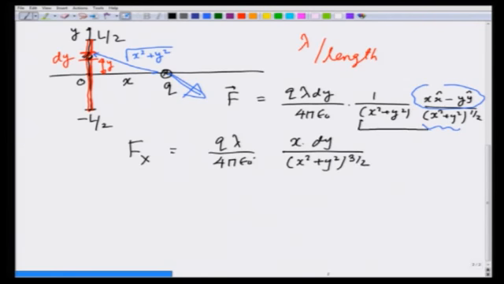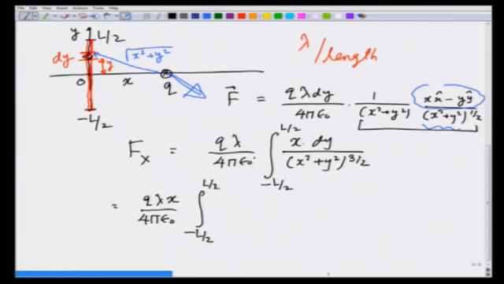The 3 by 2 comes by combining these two terms, and this is integrated from minus L by 2 to L by 2, which will give me q lambda over 4 pi epsilon 0, x will remain there. I am left with the integral from minus L by 2 to L by 2 of dy over x square plus y square raised to 3 by 2.